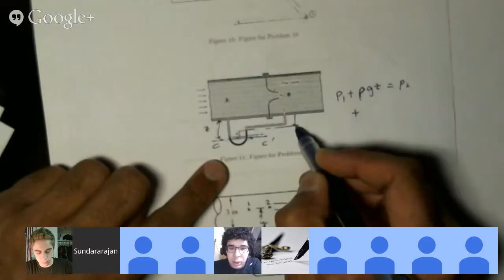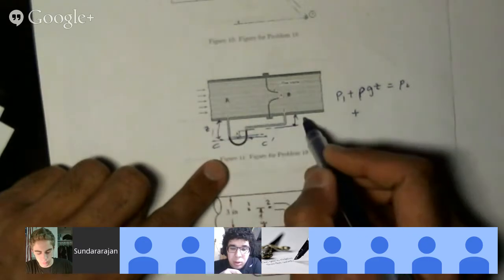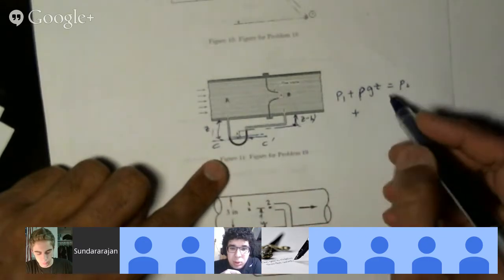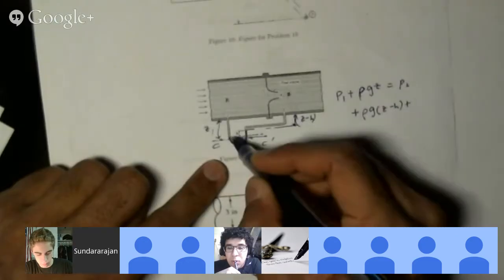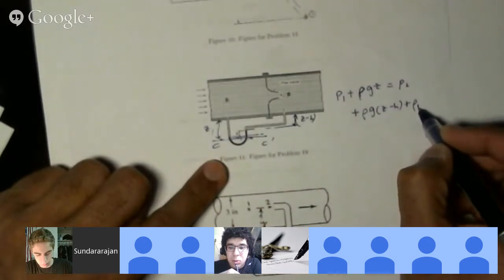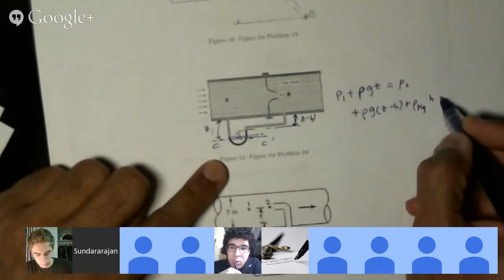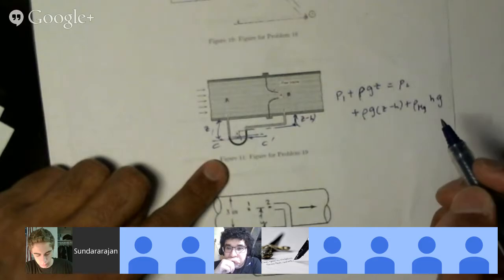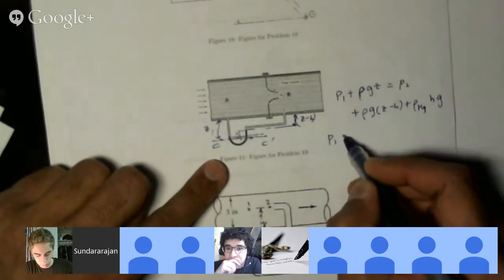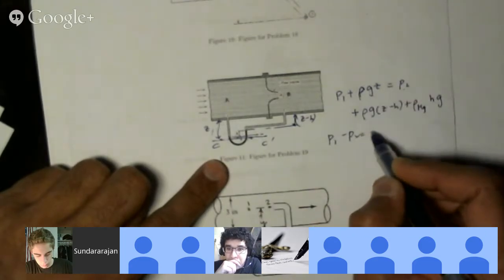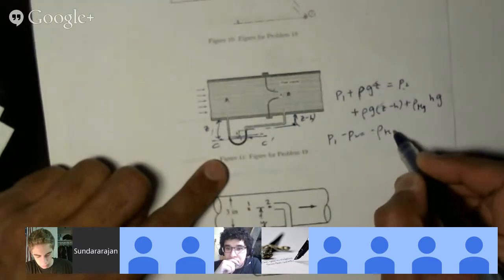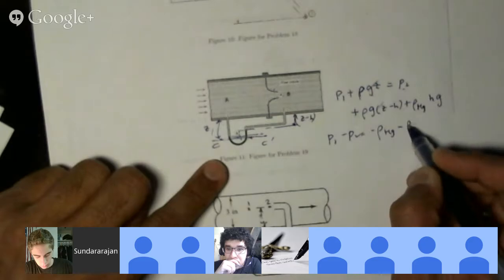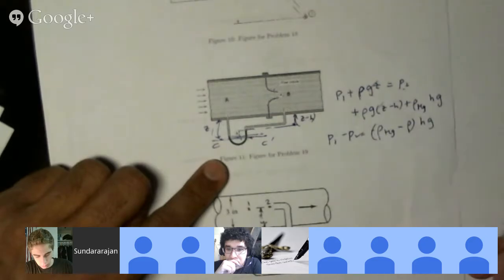If this is H and that is Z, this is Z minus H. So it will be pressure of rho times Z minus H, plus this column, which is mercury, rho times H times G. So it will be P1 minus P2 equals, this cancels out, so all you get is rho G Z minus rho times H times G.